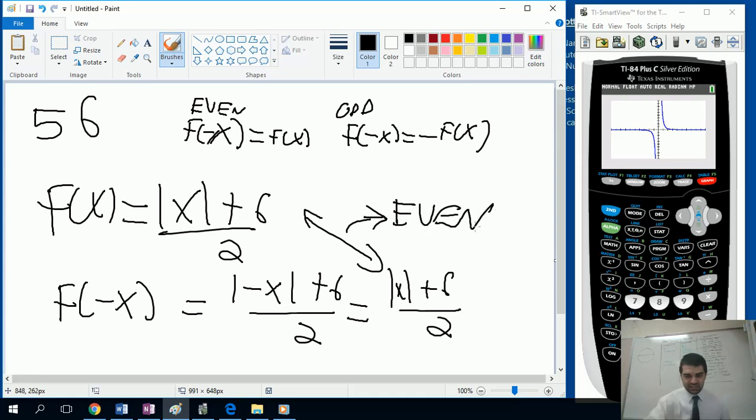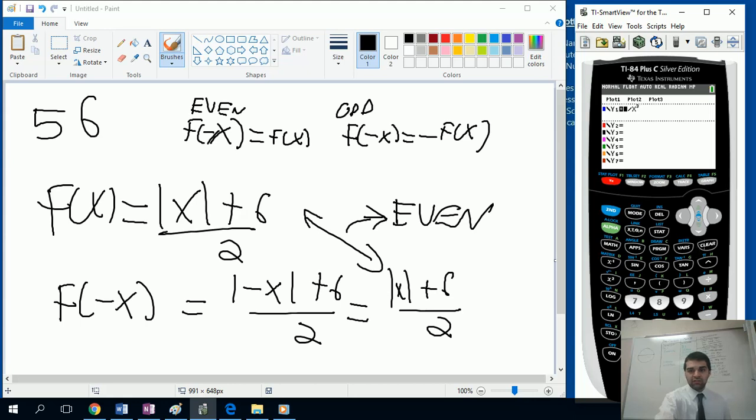Let's look at that nice even symmetry on the graph, where it's going to be reflected across the y-axis. We're going to go to math, number, absolute value, x, plus 6. Ooh, I made a mistake. Should have done alpha y. Making mistakes, and time is of the essence for you, because I do not want to waste your time.